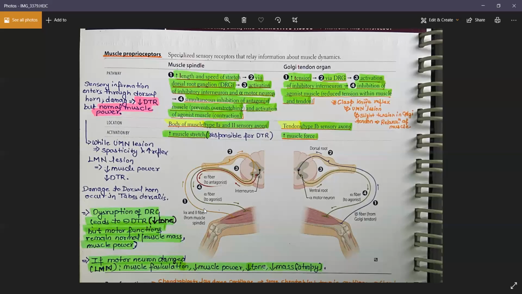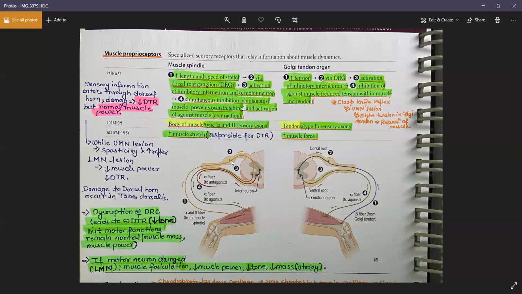but a normal contraction is there. Similarly, if the dorsal root ganglion is inhibited or destroyed, can I get paralysis again? No, I won't. And that's why you will study that later again in the neurology section. If I damage the dorsal columns or the dorsal root ganglion, I just lose my proprioception or sensory input.